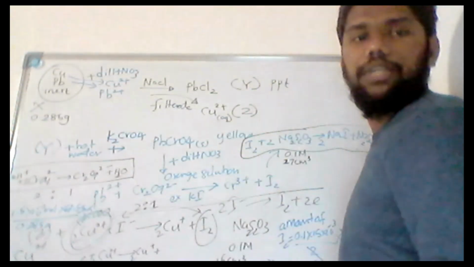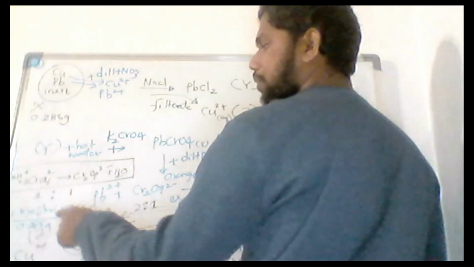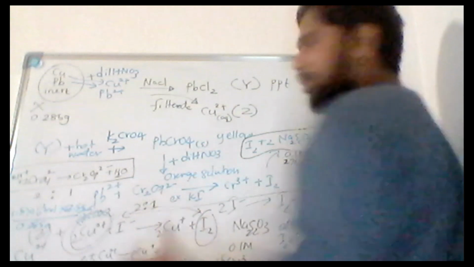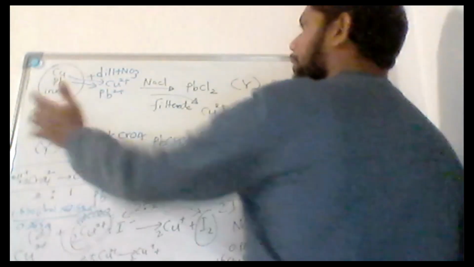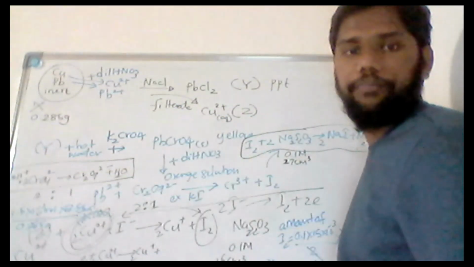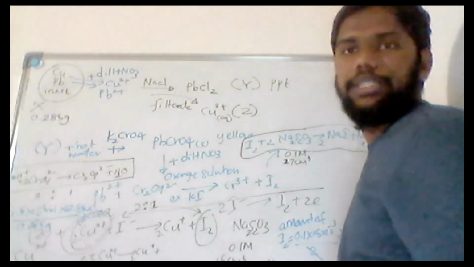So that is the calculation for this one: 1.5 into 10 to the power minus 3 moles, multiplied by 63.5, the molecular mass of copper, to get the mass of copper, then divided by the total weight, 0.285 grams, then multiplied by 100 to get the percentage value. So you find the amount of copper present in the sample.